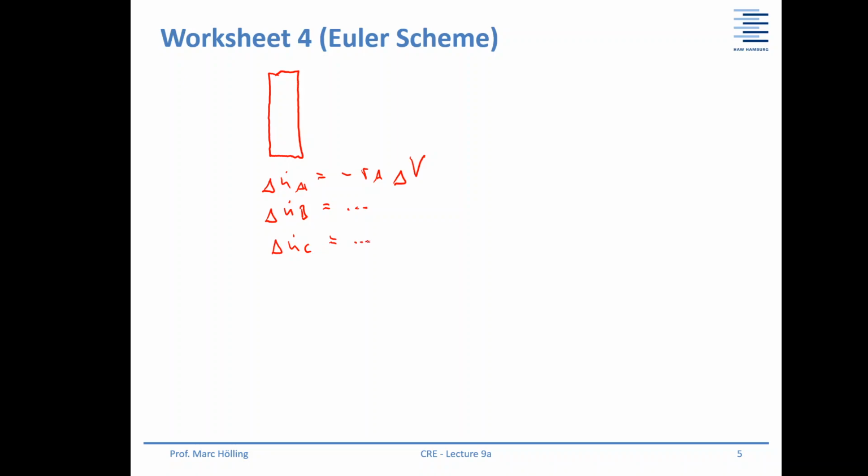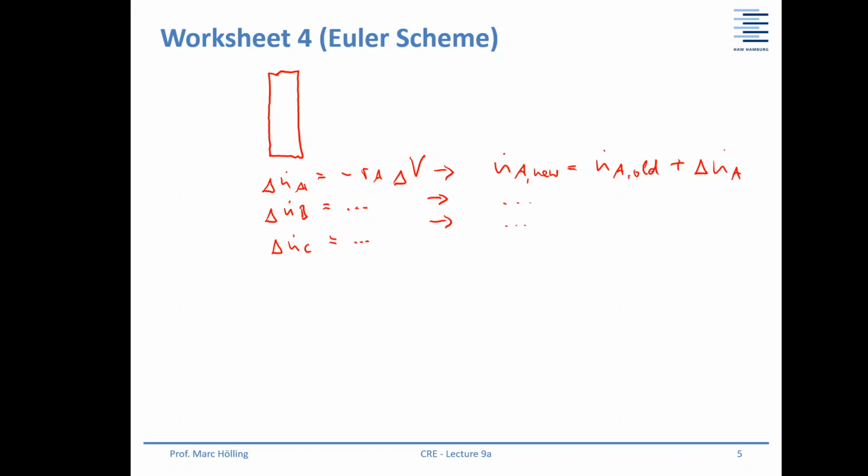And then you can just say, okay, my n dot A new is n dot A old plus delta n dot A, and so on.